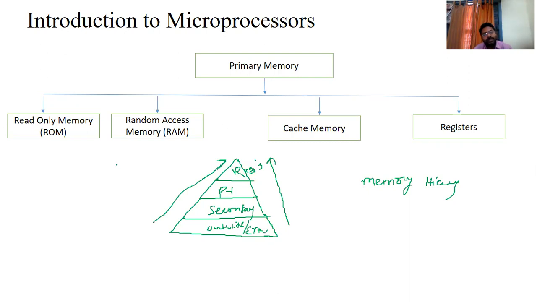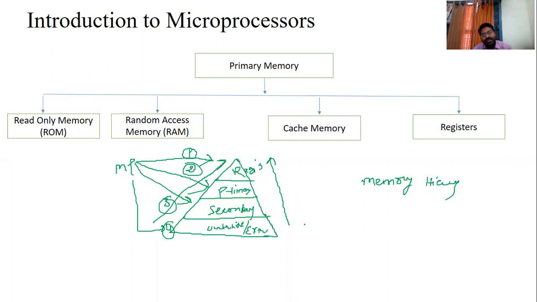The microprocessor first connects to the register memory, then next connects to the primary memory, then gives preference to the secondary, and then the fourth.